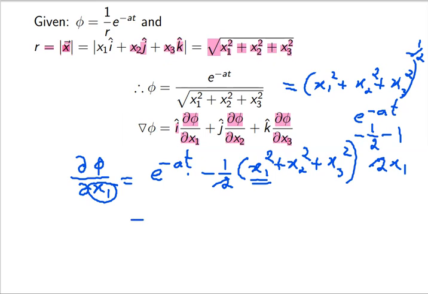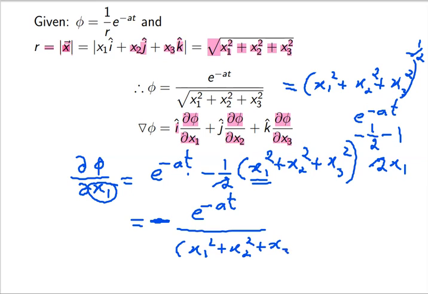What are we going to get? Minus will be there, then e power minus at divided by x1 square plus x2 square plus x3 square whole to the power 3 by 2, because we have taken it to the denominator, so the power becomes plus 3 by 2, and x1 as it is.